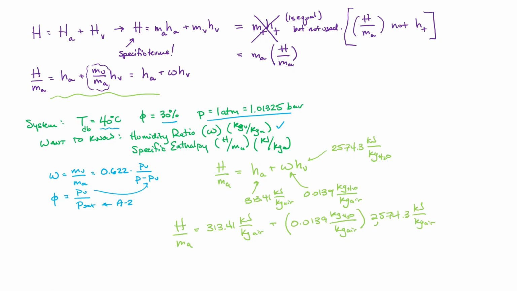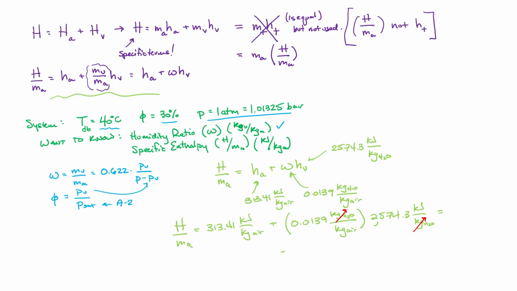My units here are going to go ahead and cancel. So I have my kilograms of water. Whoops, this should be H2O. That's a mistype there. Those two are going to cancel out. So this is H2O, giving me kilojoules per kilogram air and kilojoules per kilogram air.